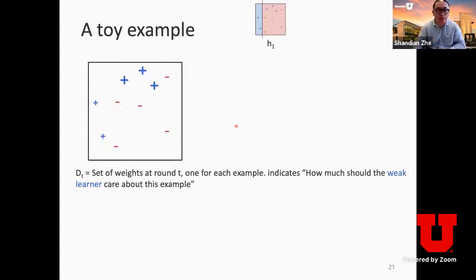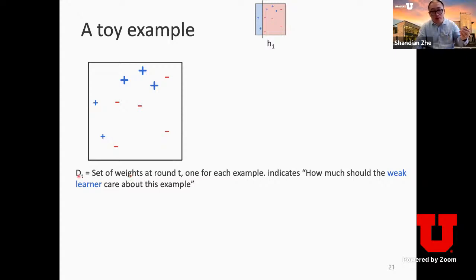So now, based on those reweighted training examples, we're gonna find a second weak classifier, which can give you the smallest error. And here the error will be the weighted error, rather than just counting the number of misclassified examples divided by the total number of examples. Note that it's a weighted error. So obviously, associated with the next round of learning is a set of weights.